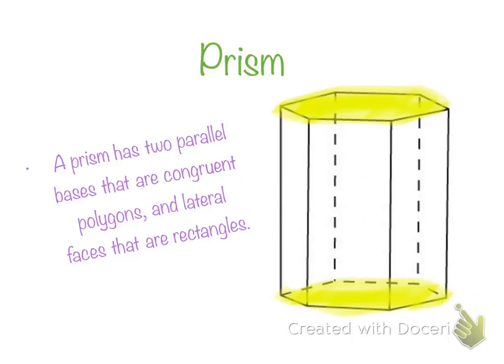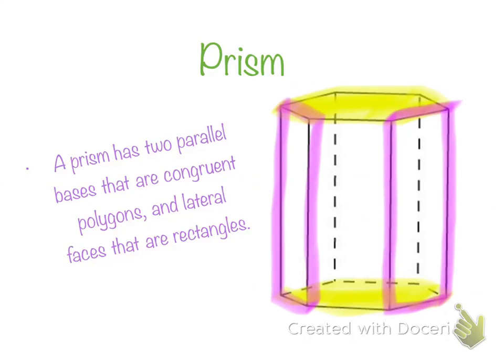And then a prism is also special because it specifically has faces on the side that are in the shape of rectangles. So you can see that this shape right here is a rectangle. Here's another one, and they go all the way around that image.